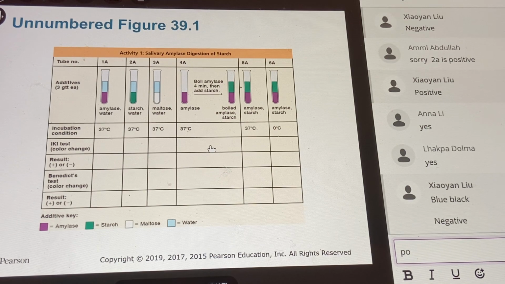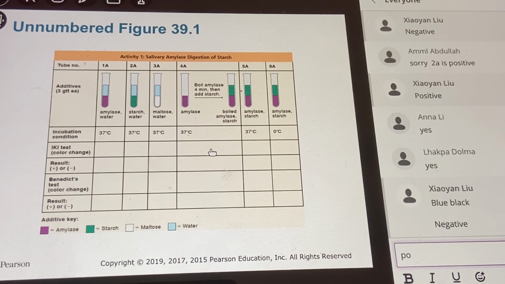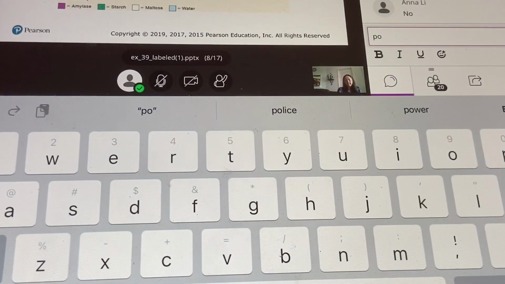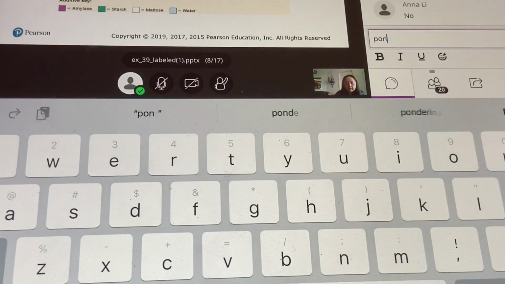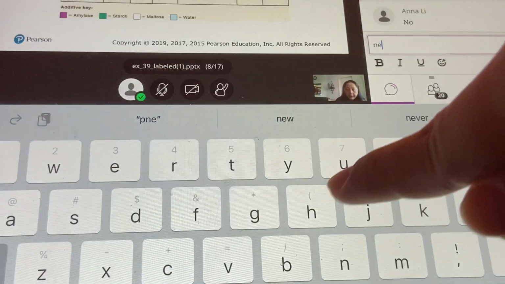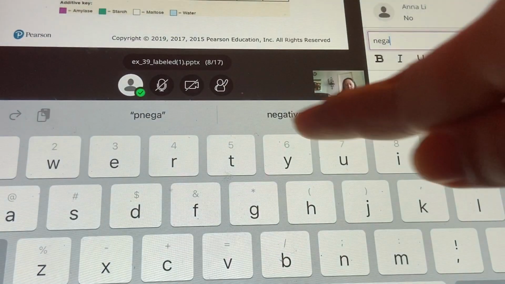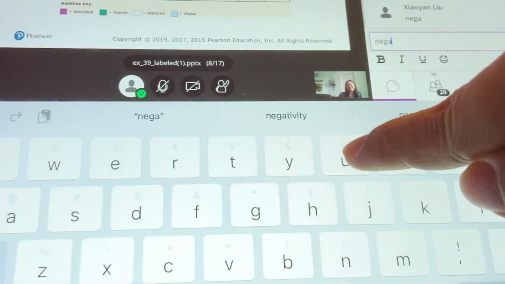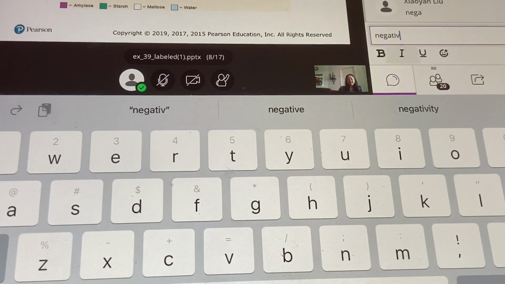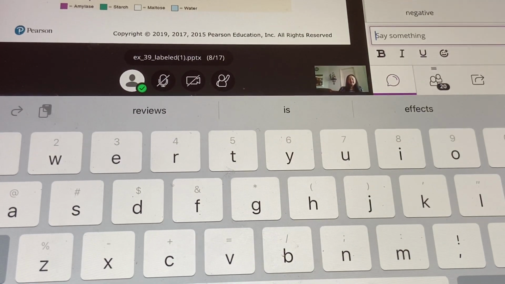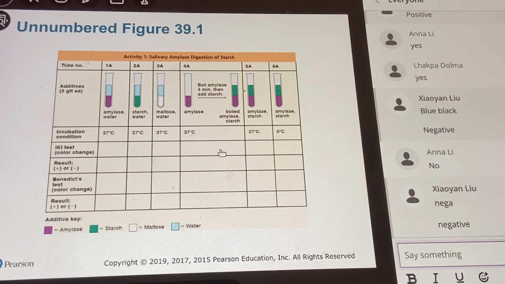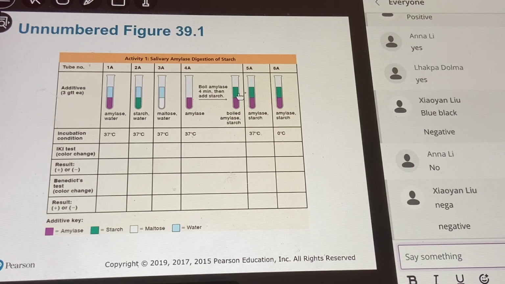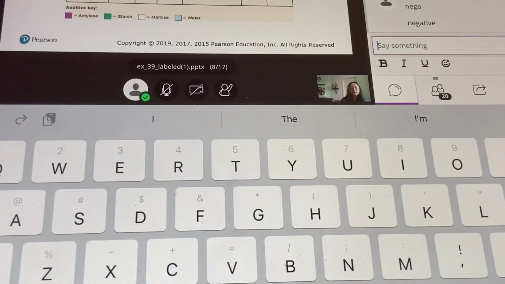What about here? We boiled the amylase. You killed the amylase. So what will be your IKI test for amylase and starch? Is it negative? What are your additives? You have amylase and starch, right?